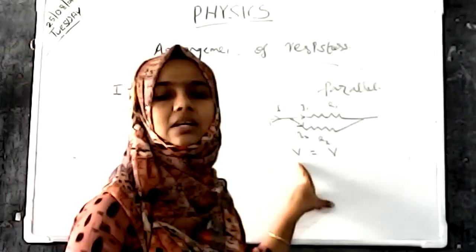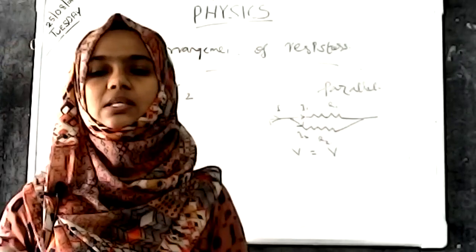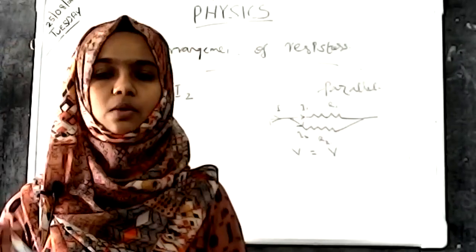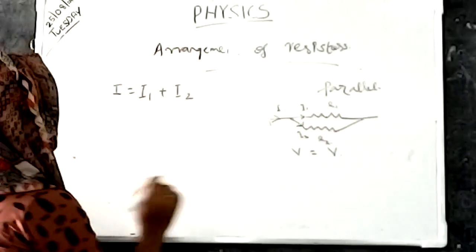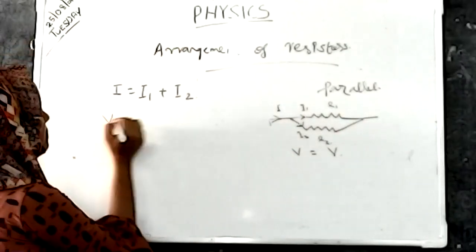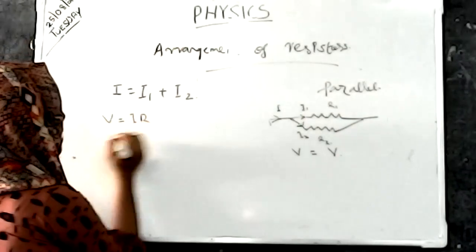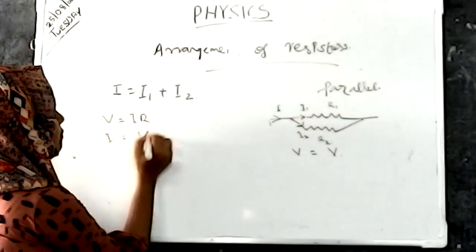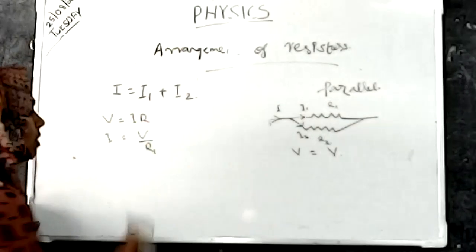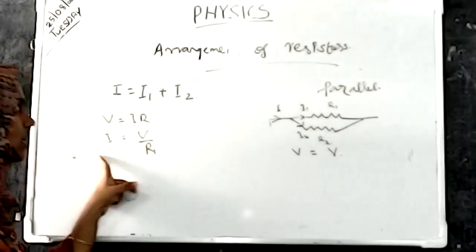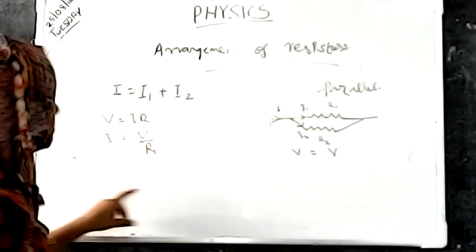And the potential difference is the same, V is equal to V. So from Ohm's law, V is equal to IR, and I is equal to V by R.